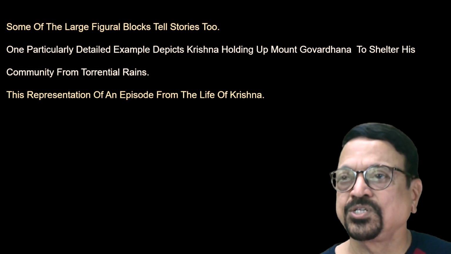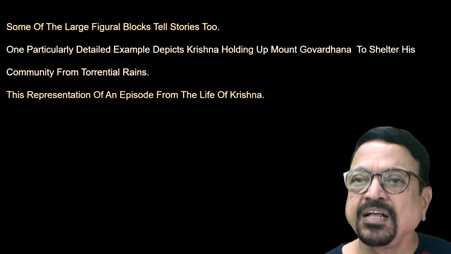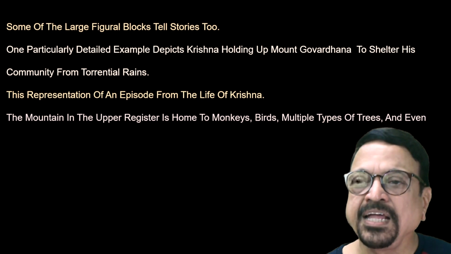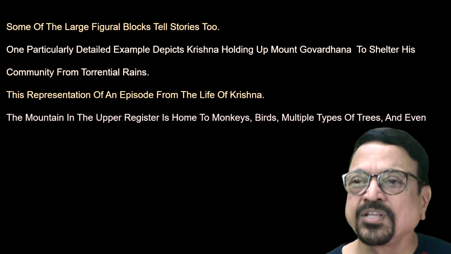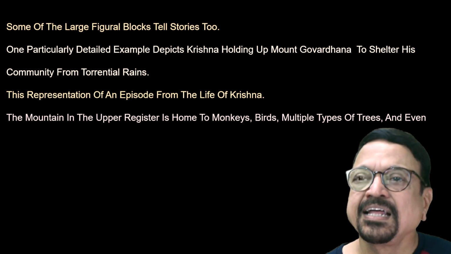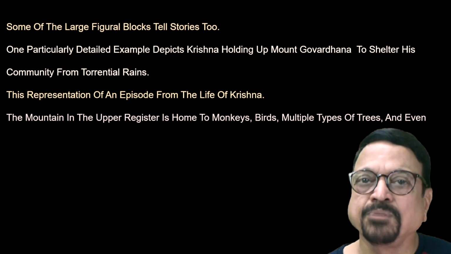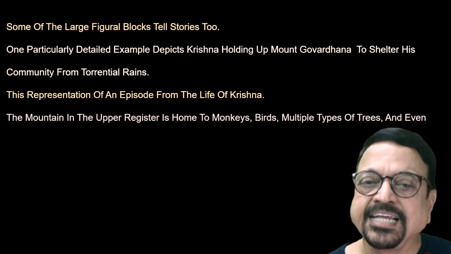So marvelous. This representation of the episode is from the Bhagavata Purana. So that is the lifting of the mountain, the Govardhan Parvat, which has got monkeys, birds, everything you will see in the sculpture.